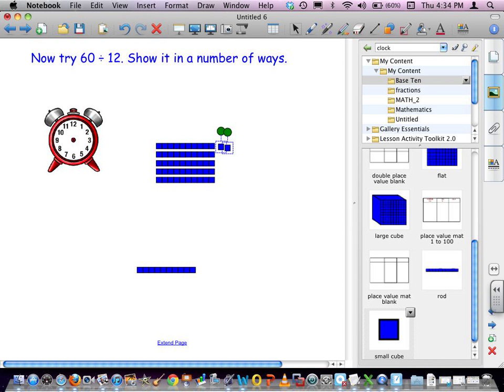And I know that that's going to, if I just skip count by 12, right? So I could organize that into an area model. I know that I can't have 6 rods, I need to have length of 12. So length of 12, 5 times is going to give me 60. Okay, that's another way to think about it.